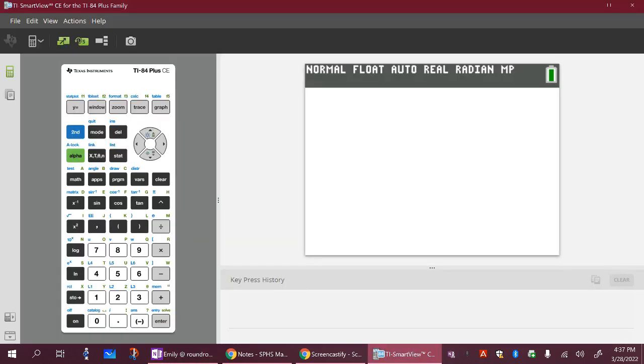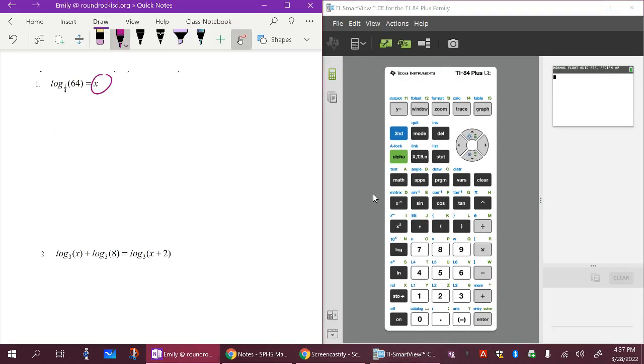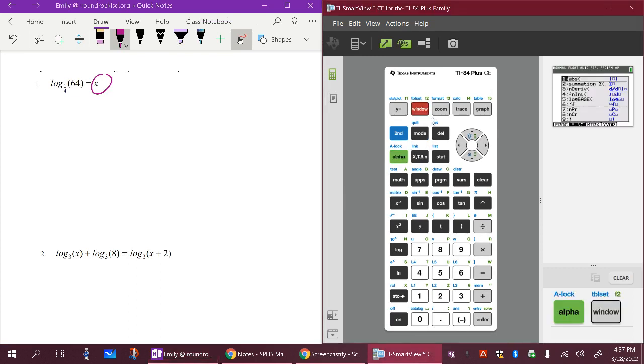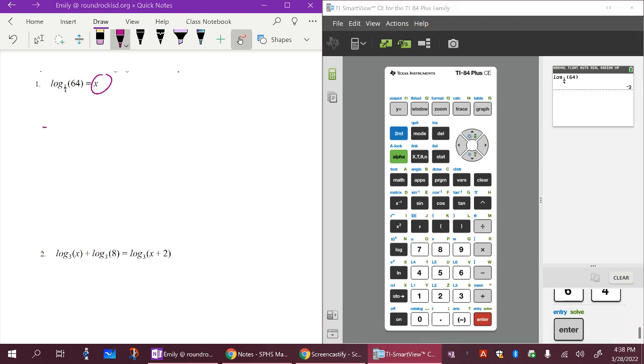And so for us to do that, all that we have to do is alpha window 5, and then the base is 1/4 of 64. So x is -3.